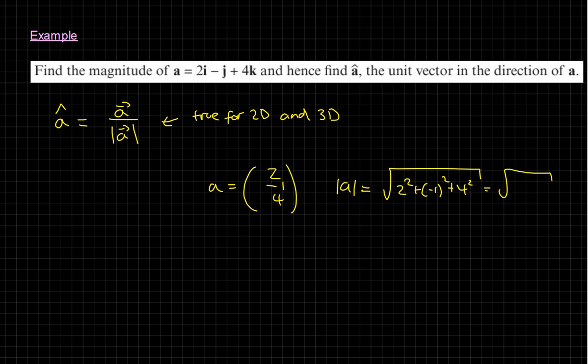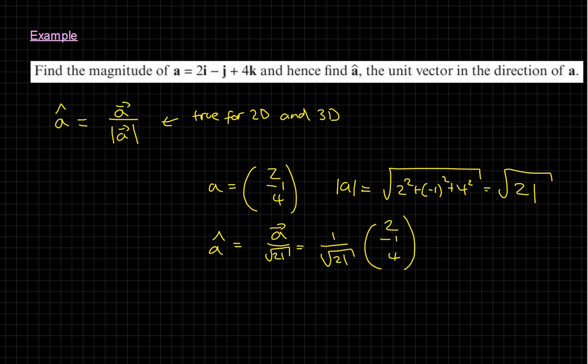That's the square root of 4 plus 1 plus 16. That's 21. And then A hat is equal to that vector A divided by the square root of 21. So in other words, 1 over the square root of 21 times the vector 2, minus 1, 4.